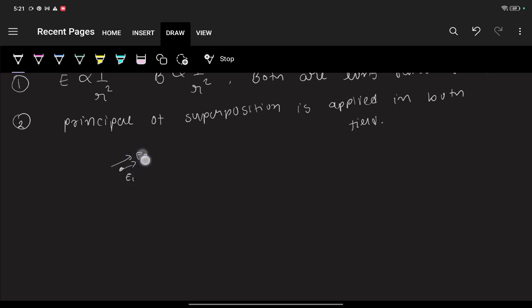If you want to find the total electric field, we just add them, right? This is the principle of superposition. Likewise, at any point, if there are two magnetic fields, we can simply add them, okay?